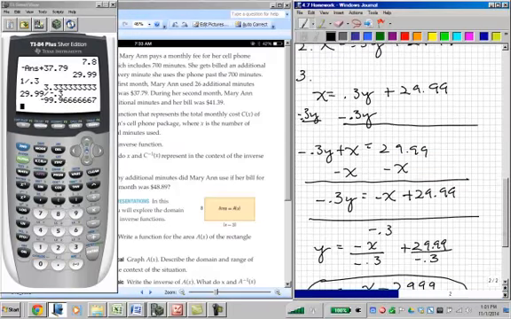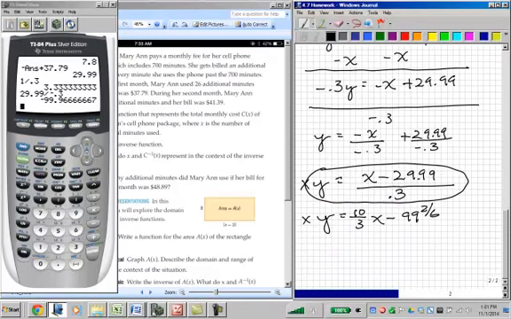I'm going to get rid of this x, kind of misleading. This is the formula for the number of minutes. And let's give it the right name.